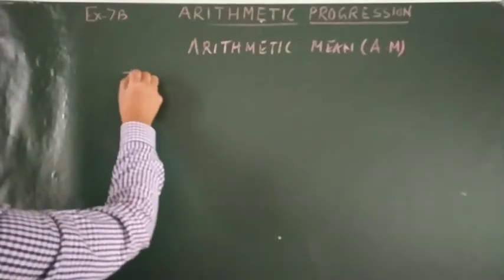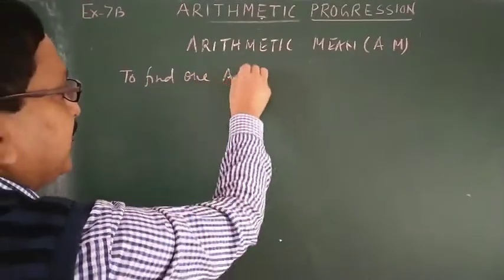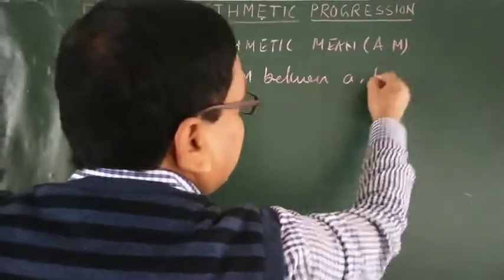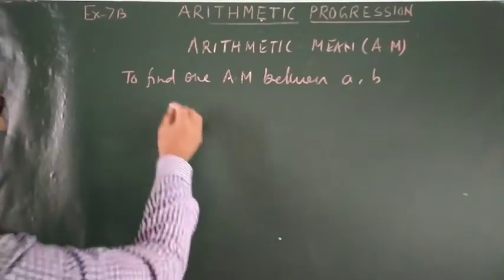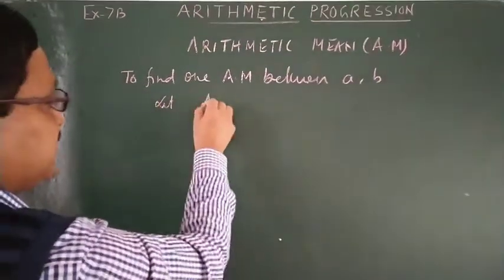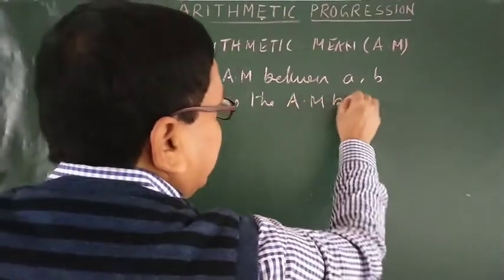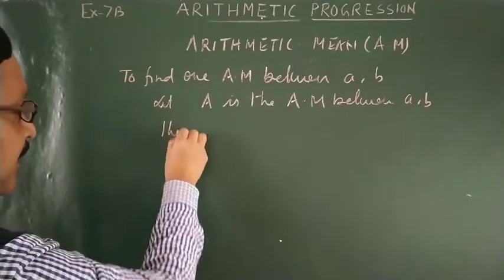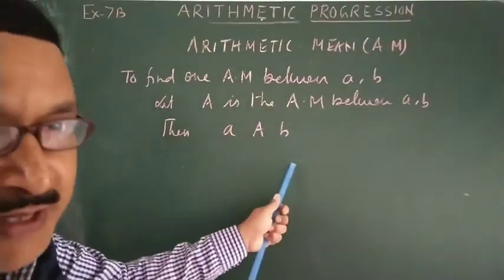To find one arithmetic mean between a and b, let A be the arithmetic mean between a and b. Then between a and b there is A.